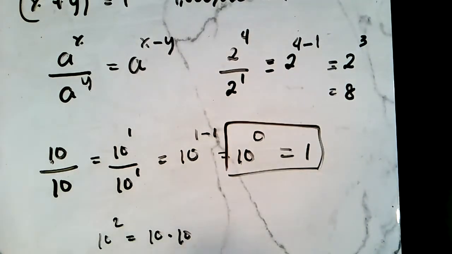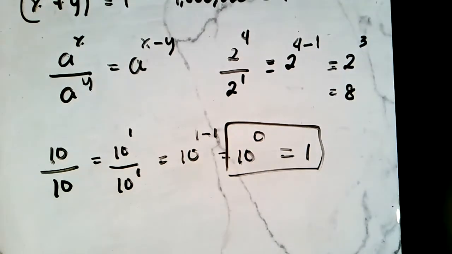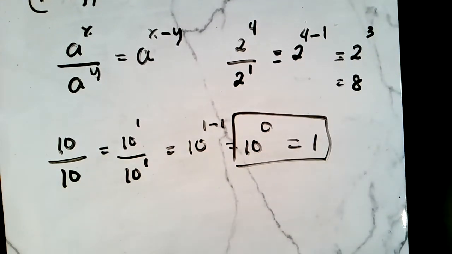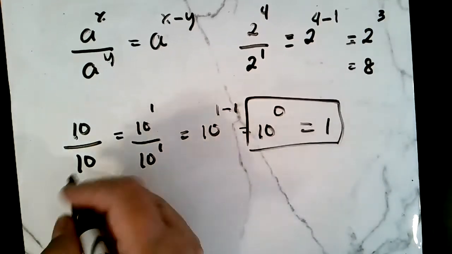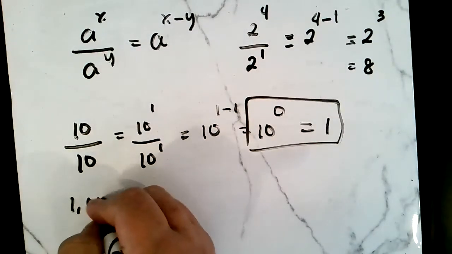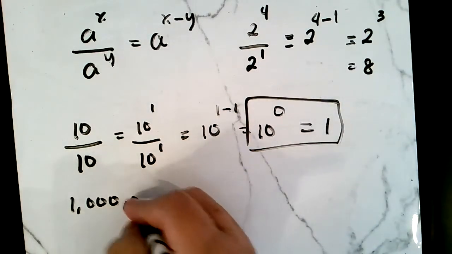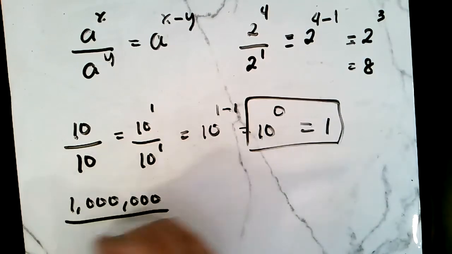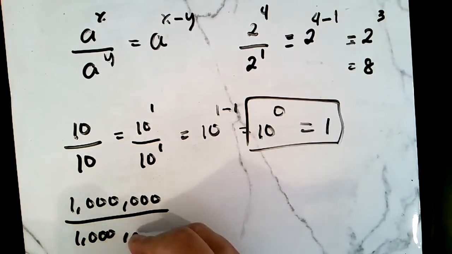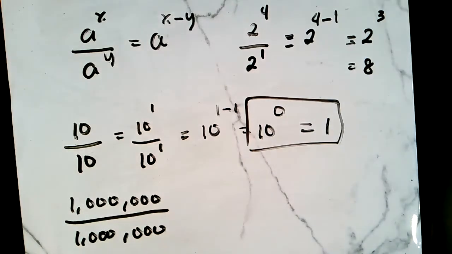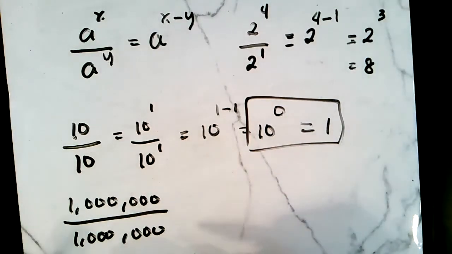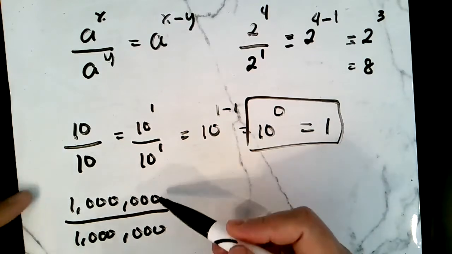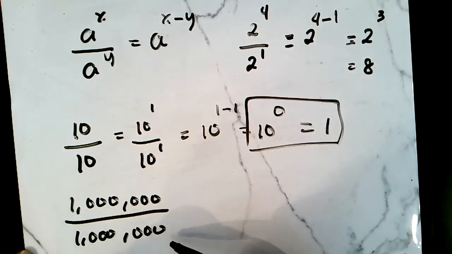Let's have one more example. What if it's 1 million? I just said 1 million to the power of 0 is equal to 1. So let's have 1 million divided by 1 million. Anything divided by the same thing should always be equal to 1.